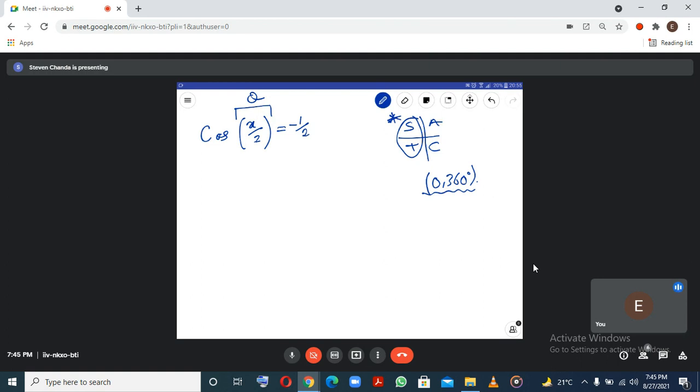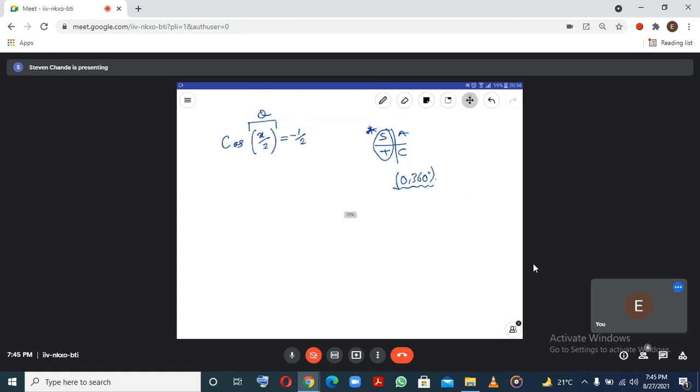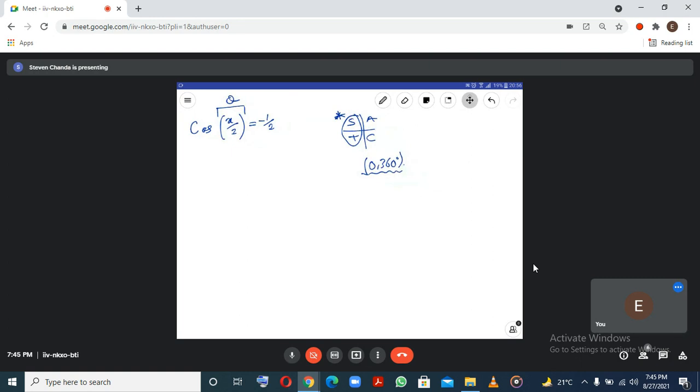If you look at this particular question, what would be our acute angle? You always want to start from an acute angle. Can someone tell me what cos 60 is, just from those triangles of yours?